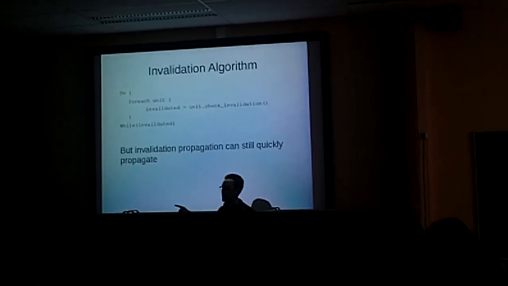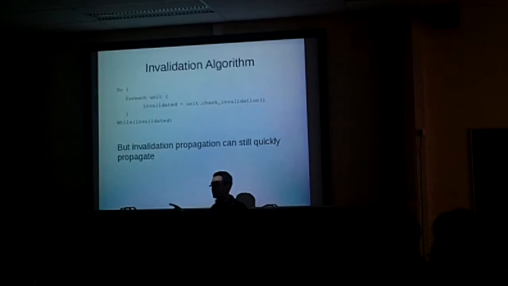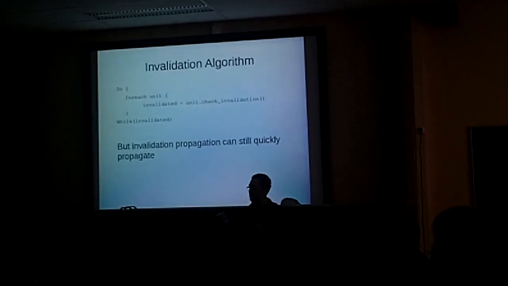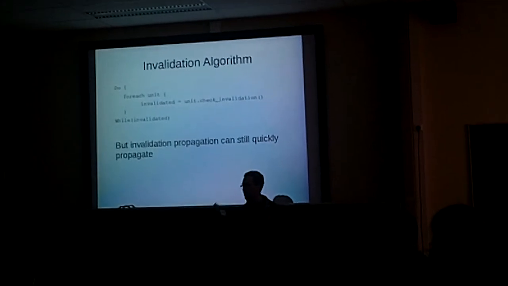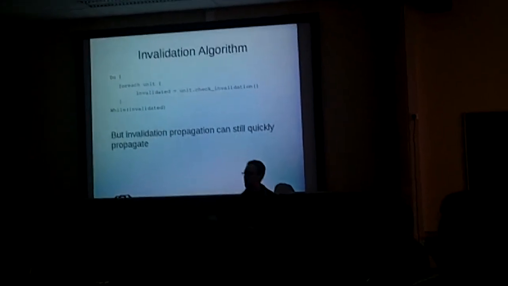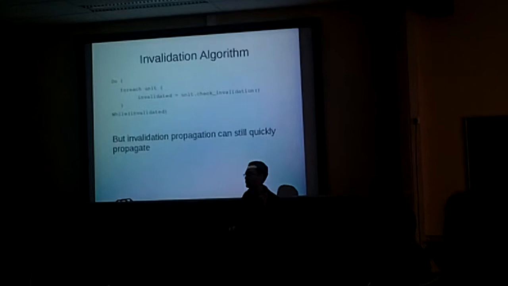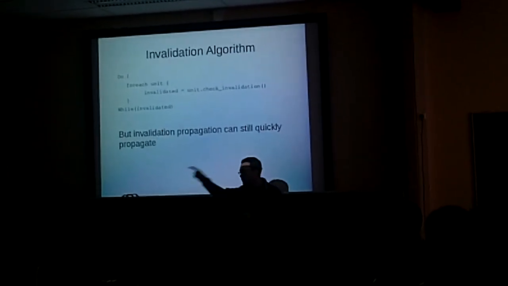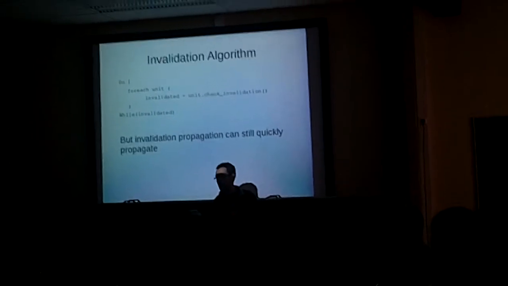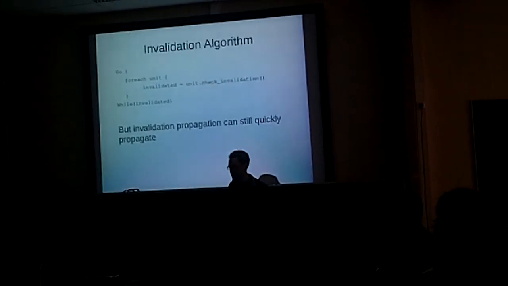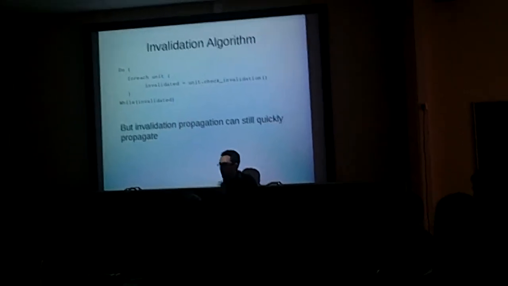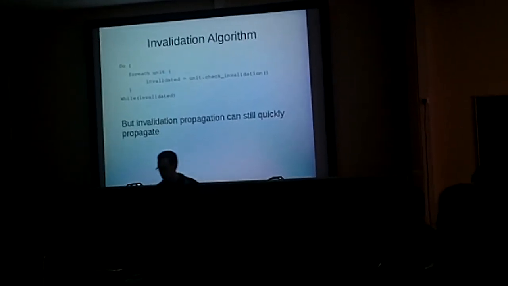But if it marks a hex, then other units might suddenly realize that now they need to be redrawn because one of the hexes they're covering needs to be redrawn. And if one of their hexes needs to be redrawn, we need to redraw the whole frame, and so we need to redraw all the hexes under the frame. And it propagates. So when your units are packed together, it can propagate pretty fast.